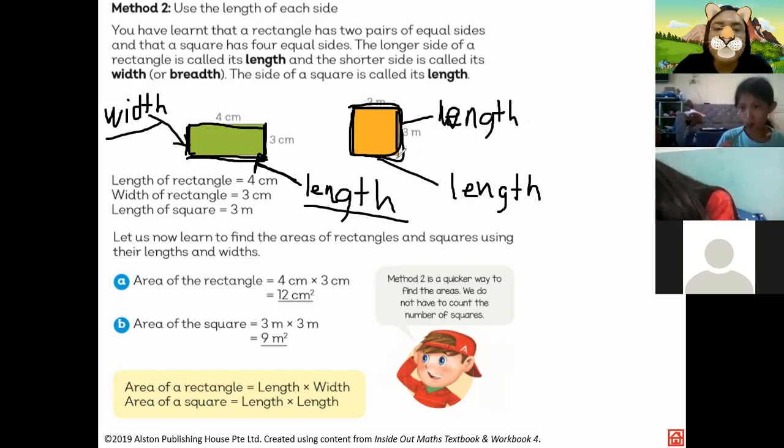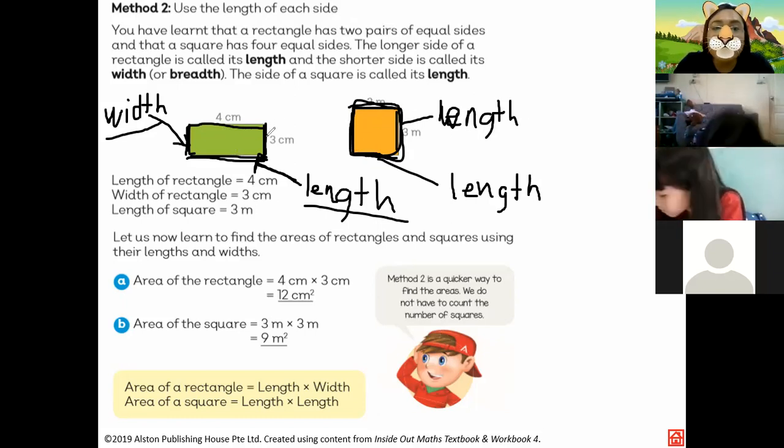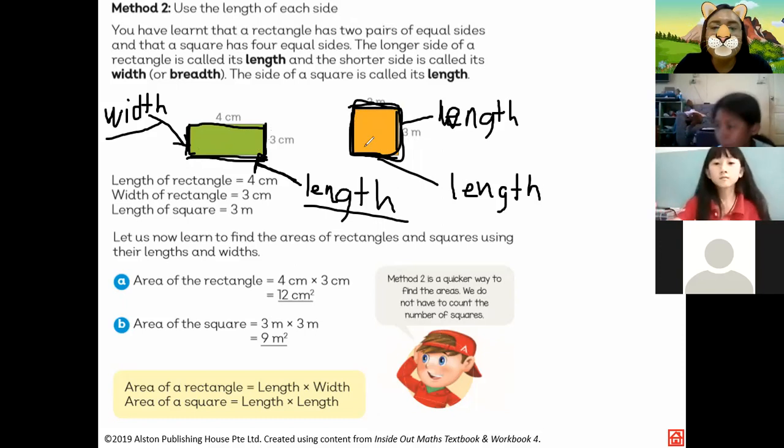So the sides of the square are called length. But in a rectangle, the short side is width and the long side is length. So don't forget, for a square, what do you call the side of the square?